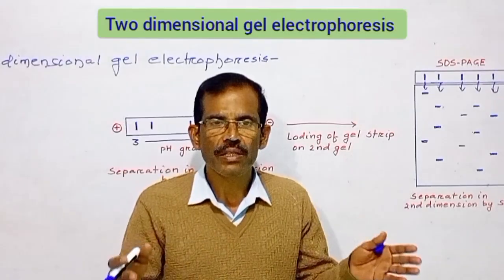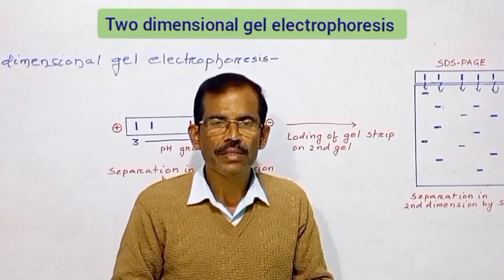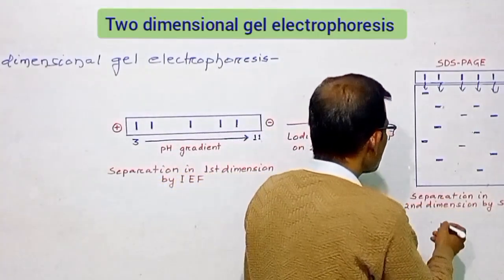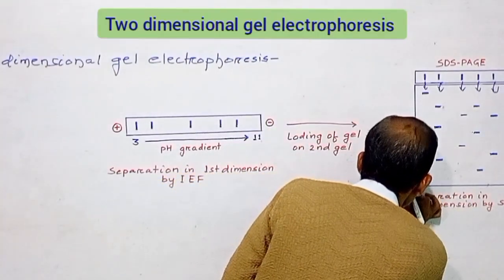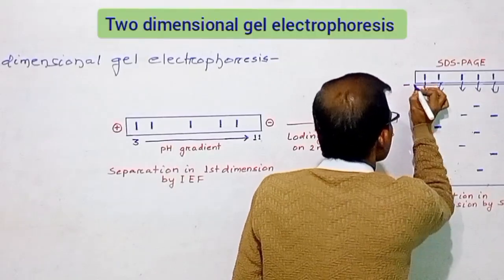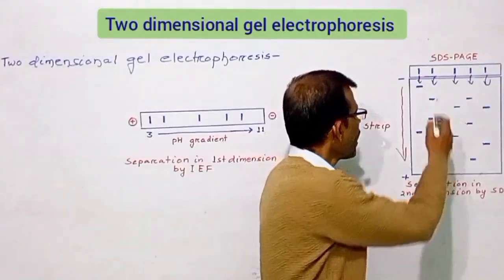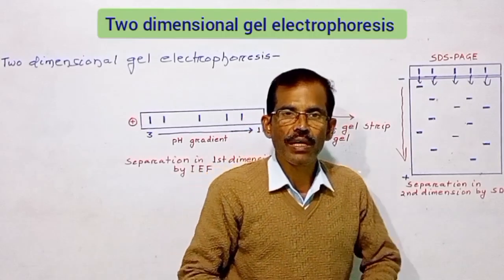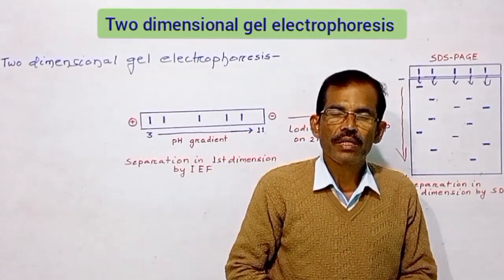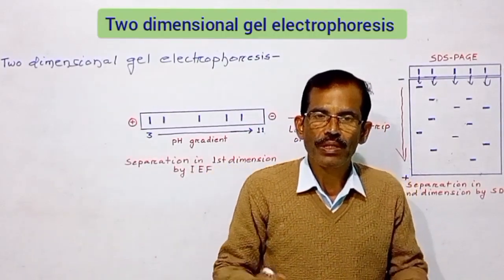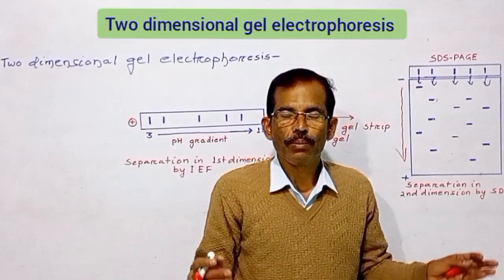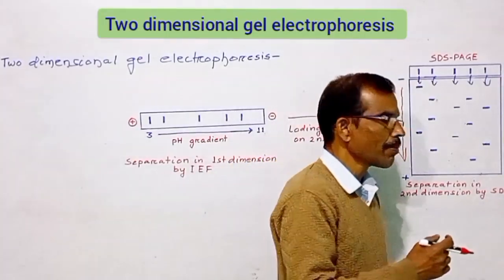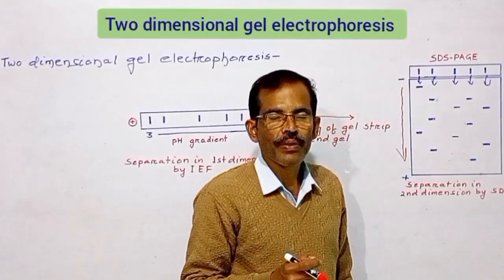Because all SDS-bound polypeptides are negatively charged, during electrophoresis, all of them will migrate towards the anode. While migrating through the SDS polyacrylamide gel, all SDS-bound proteins will be subjected to the molecular sieving effect of the polyacrylamide gel matrix.